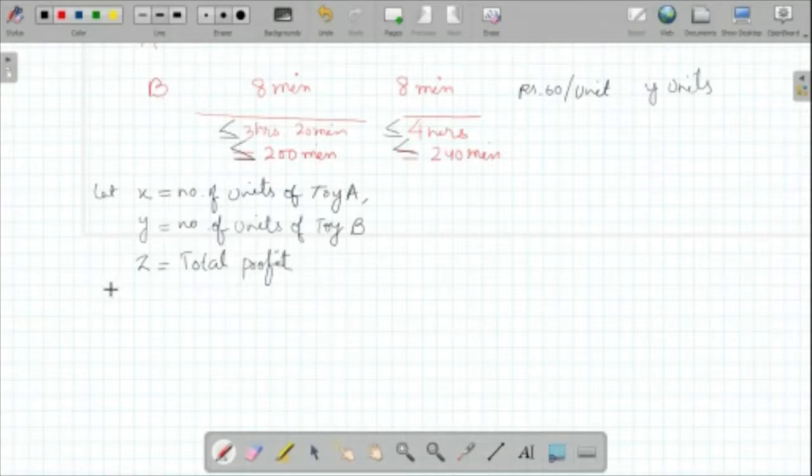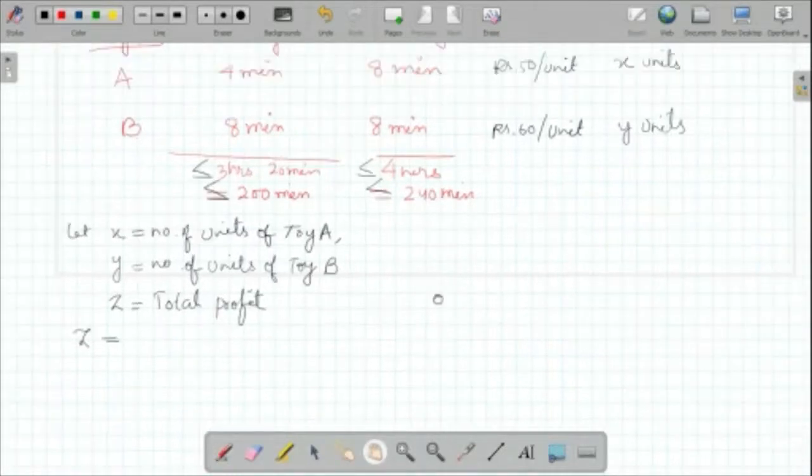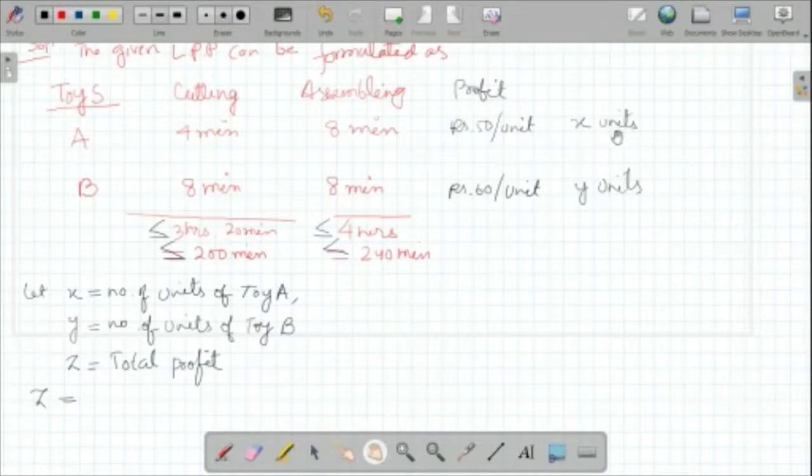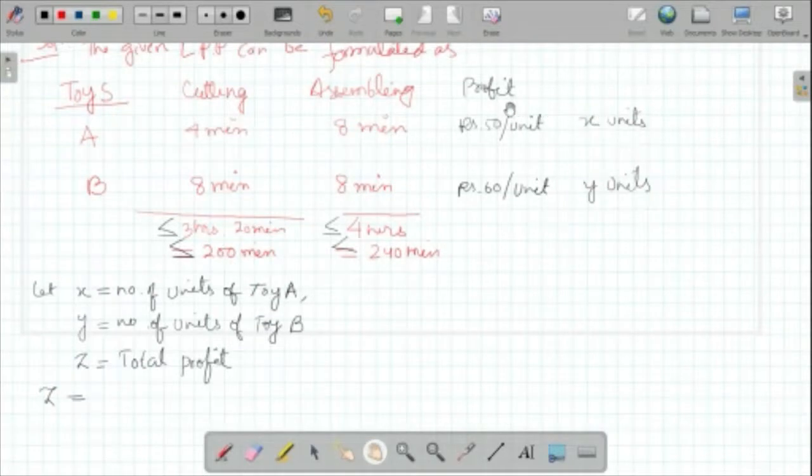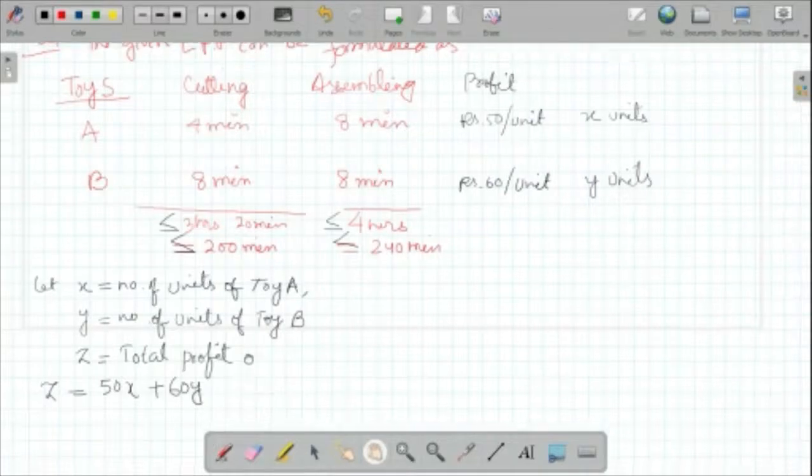So what is z then? For x units, 1 unit earns 50 profit, so x units earn 50 times x, plus for B, which earns 60 rupees profit per unit, y units earn 60y. So we will add them together. So this is our total profit.